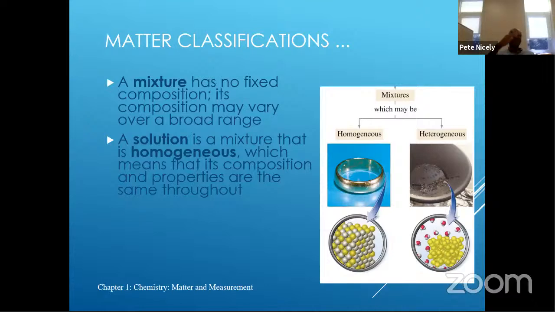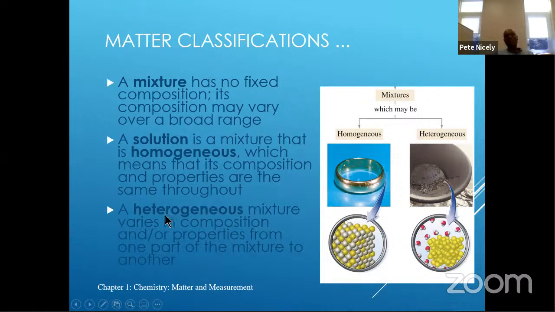Basically, you will not be able to make a distinction in that mixture between the two because they will be equally distributed between themselves in that situation, all right? And if it's a 50-50 mixture, then that 50-50 composition will be the same right throughout the substance. So if you could take a sample at the top part of that mixture, in the middle and at the bottom part, and analyze it, you'll find that it's a 50-50 composition, all right, right throughout. So that's basically what a homogeneous mixture is.